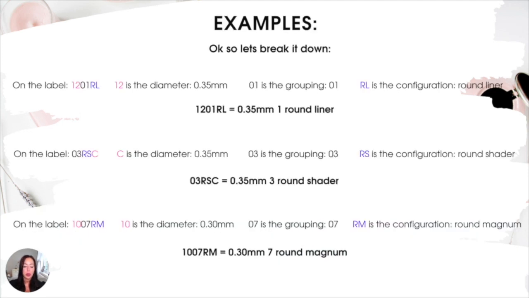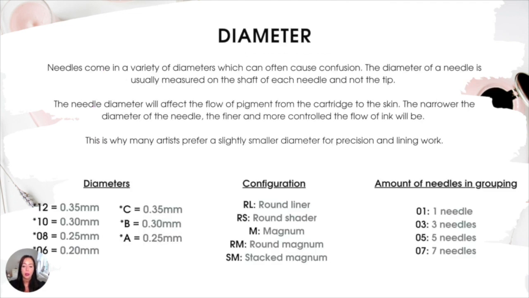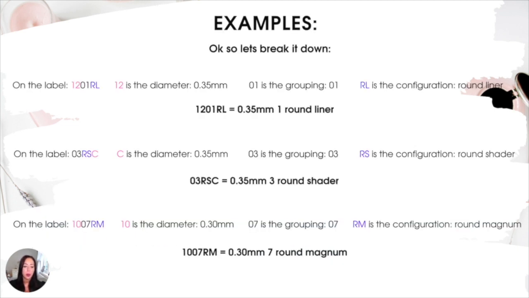So we know that the thickness of each needle or single needle, depending on your grouping, is of a 0.35 diameter. Then we see 0.1, so that's our grouping. So we know this is a single needle. If we go back here, 0.1, 1 needle, 3 needles. So we've got a 1201. So we have a single needle that is a 0.35 millimeter diameter. And then you'll see the RL, that means it's a round liner. So your 1201 RL is a one round liner with a 0.35 diameter.